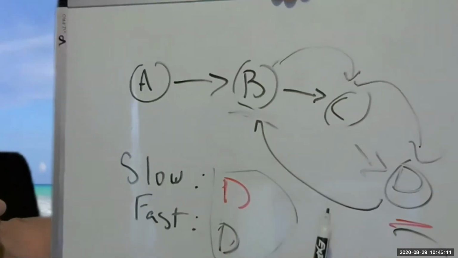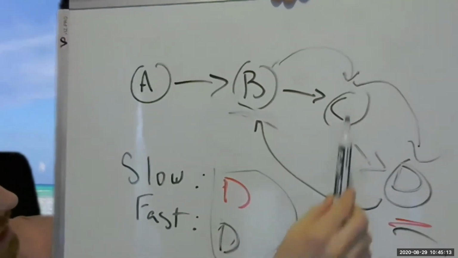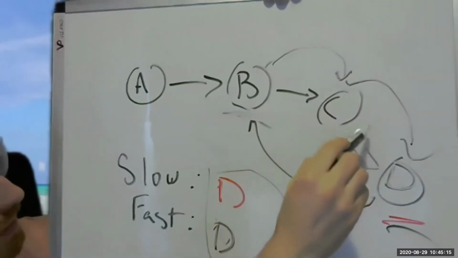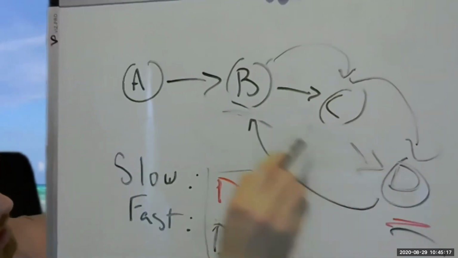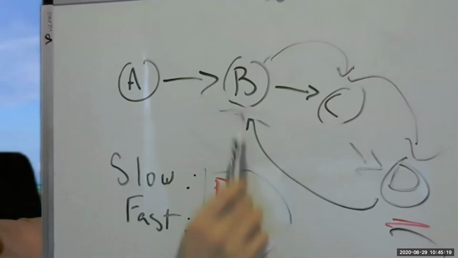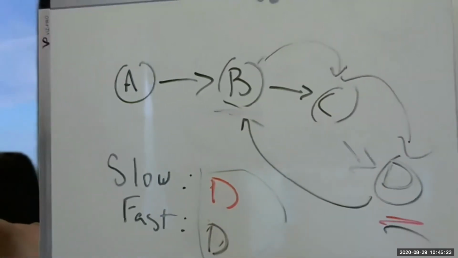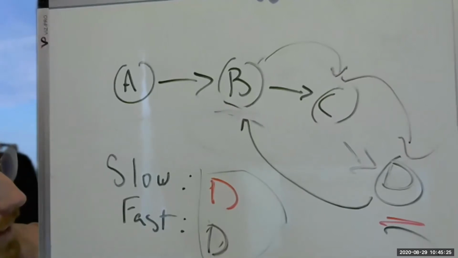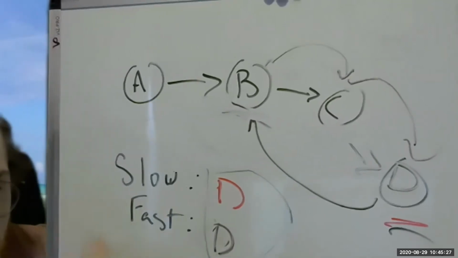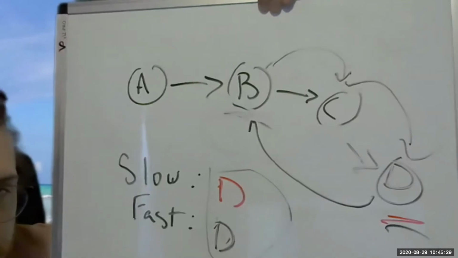Well, we went from C to D to B. And then in the next iteration, it went from B to C to D. So it always moves 2. It's always skipping 1 each time. Okay.